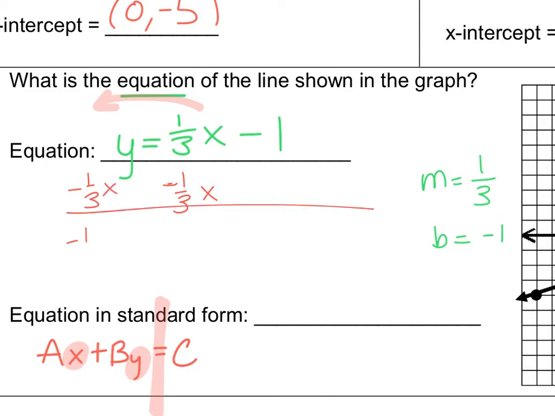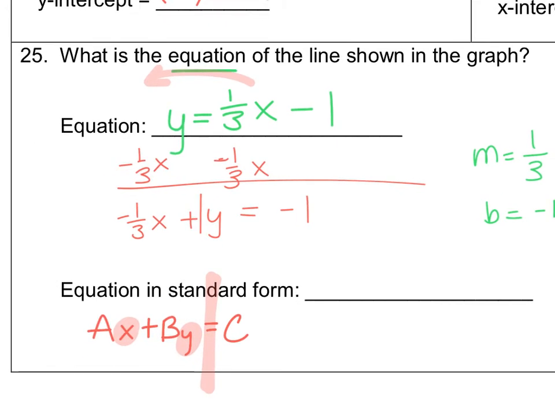So I'd have -1/3 x plus y equals -1, and that's a 1y. Now again, I cannot leave it as a fraction, so I'm going to use that denominator and multiply everything by the denominator to get rid of the fraction. So everything gets multiplied by 3.